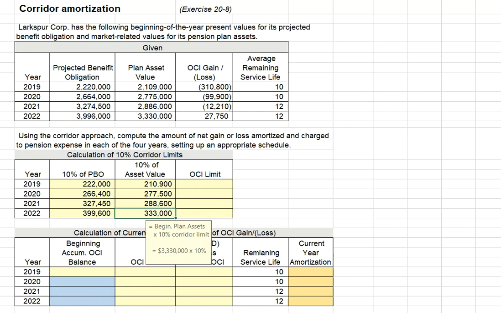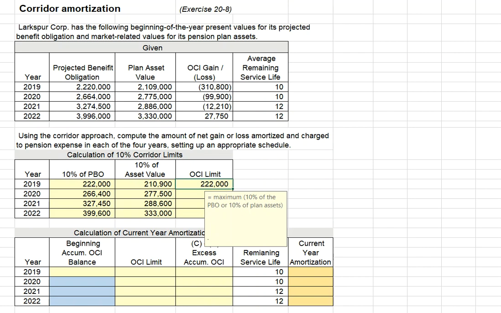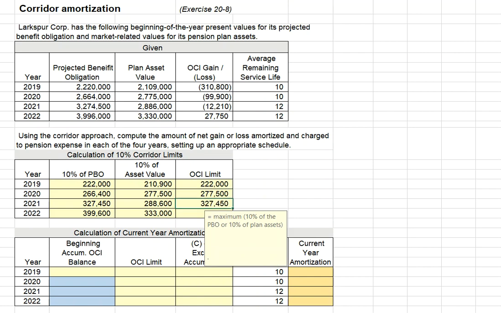Then we're going to select the larger of these two values. For 2019, that's the pension benefit obligation of $222,000. Then it's the $277,500 for 2020. It's the $327,000 and finally the $399,000.